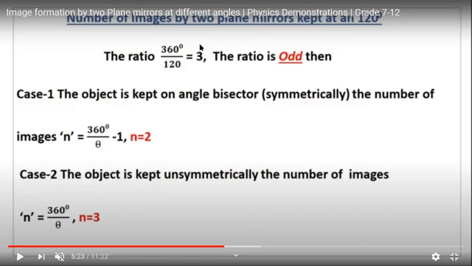So if you get an odd number, you have to check whether it is a symmetric position or asymmetric position. You'll get two different answers. But if you are having even number, you will always have number of images as n minus 1. So here the number of images will be either 2 or 3 depending on the position of the object.